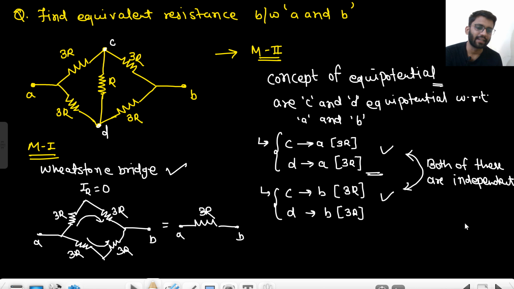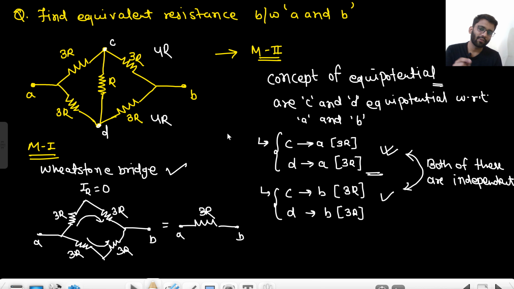What I mean to say is that if C is going to A, it has to go through 3R resistance. D is going from D to A, it also has to go through 3R resistance. Both have done the same work, so one thing is good. Now C is going from C to B. Let's assume they have to go through 4R resistance: assume there is 4R here, and also 4R here.